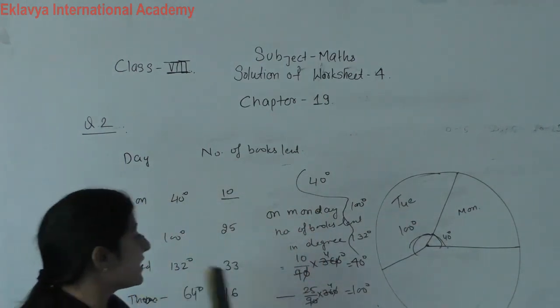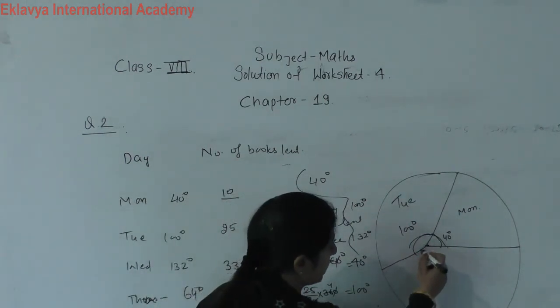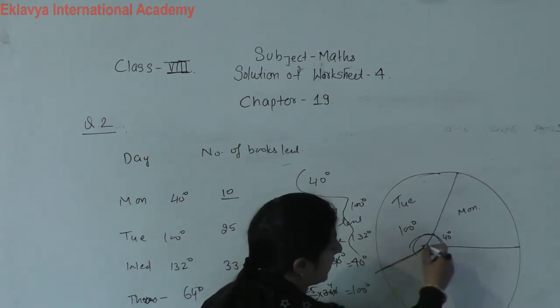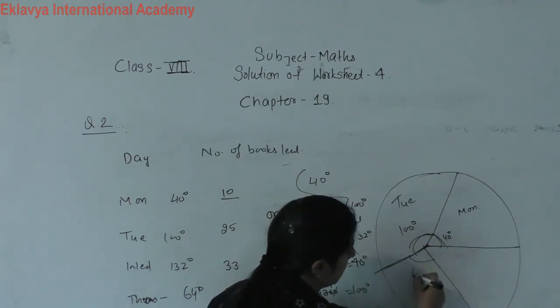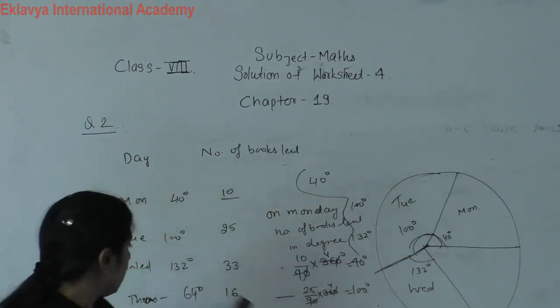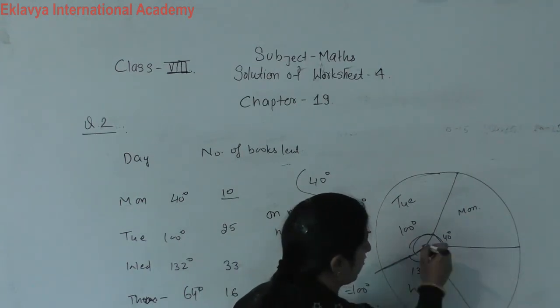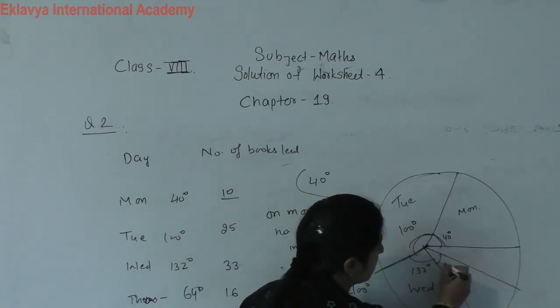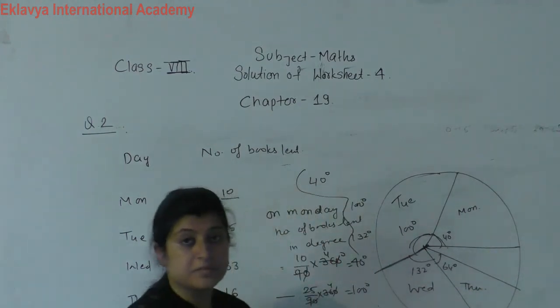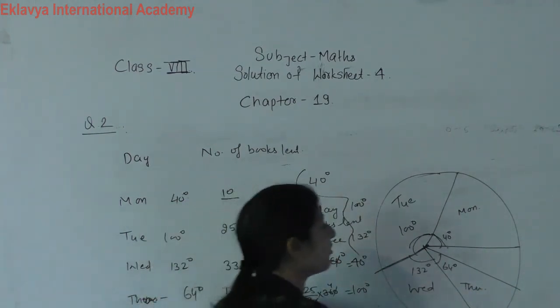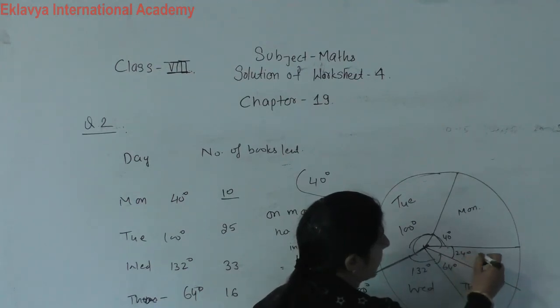On Wednesday, 132 degrees: put your protractor here and make 132 degrees, it becomes Wednesday. Next Thursday, 64 degrees, and the last one, 24 degrees, is Friday.